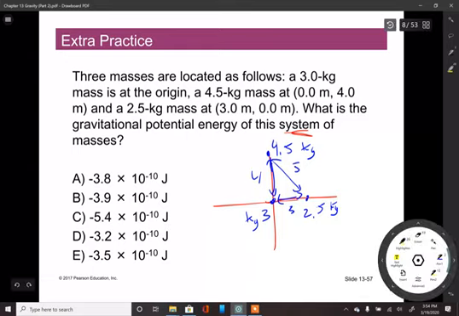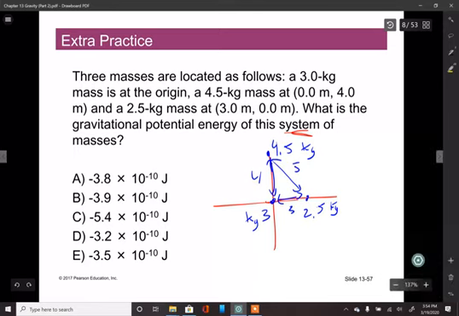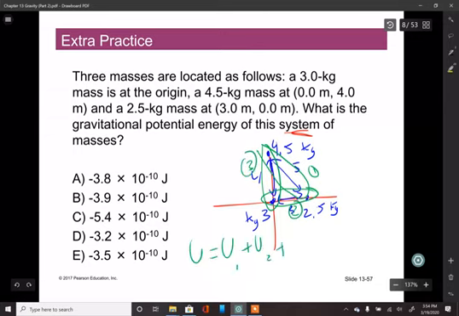So when we calculate the potential energy, I'm not going to do every single step here because it's a lot of writing, but the key is that potential energy is every possible interaction. There's an interaction, there's an interaction, and there's an interaction. So the potential energy of the system is U1 plus U2 plus U3. I have to calculate all 3. Each pair of masses is an interaction, so each one has its pair of potential energies.